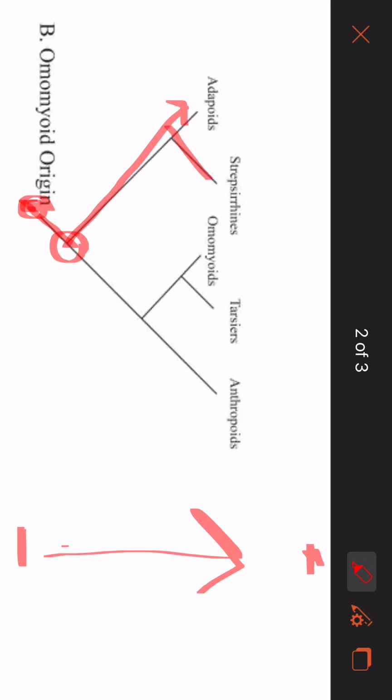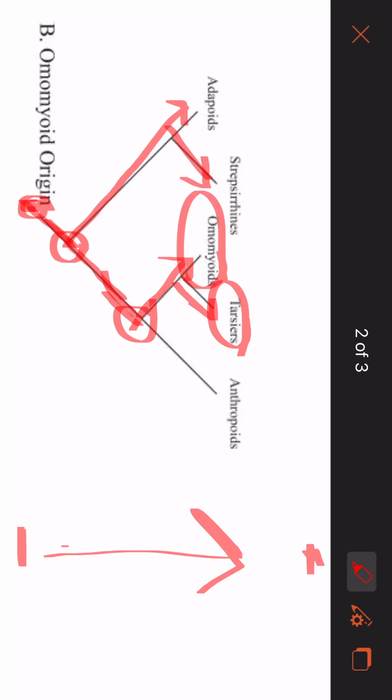And then the strepsirrhines were a small branch that broke off from the group that led to the anthropoids, right? We have this group continuing to evolve in a particular direction. According to this model, the omomyoids then diverged, and the tarsiers were a small group that broke off from that lineage, eventually leading to the emergence of anthropoids, right?